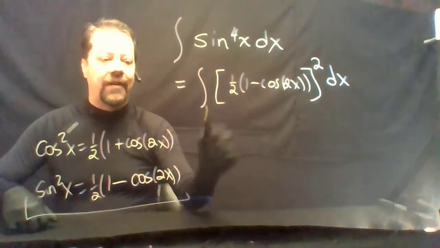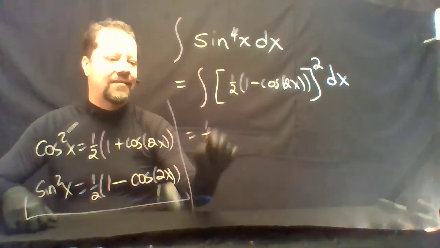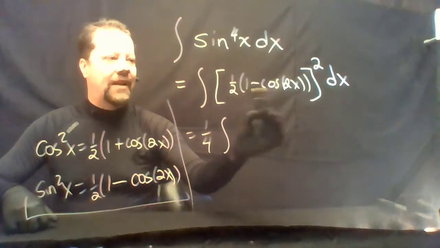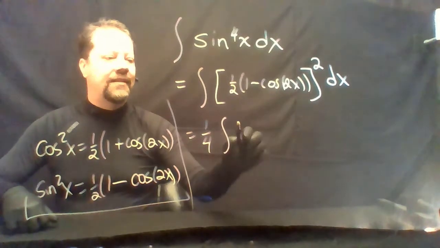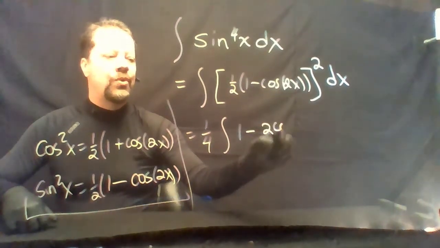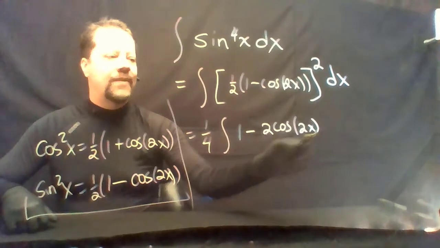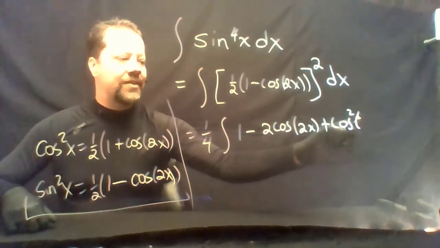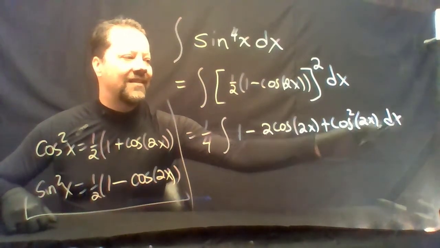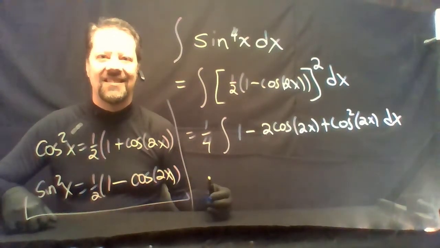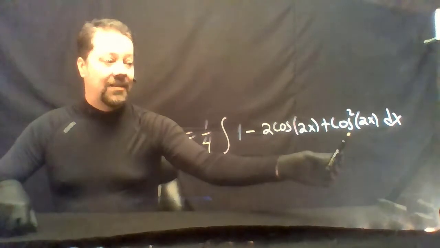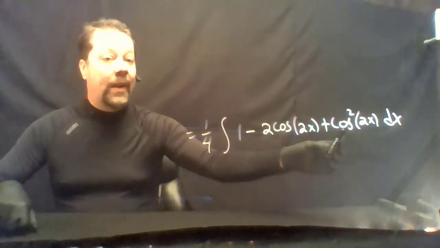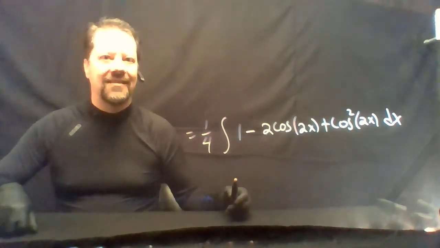We'll get a 1/4 out front. And we'll have to FOIL the binomial. That's 1 minus 2 cosine 2x, don't be leaving out that middle term, plus cosine squared 2x dx. We have a cosine squared 2x.